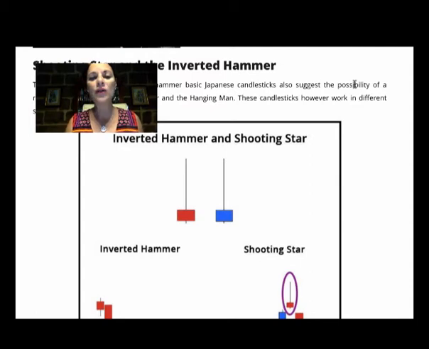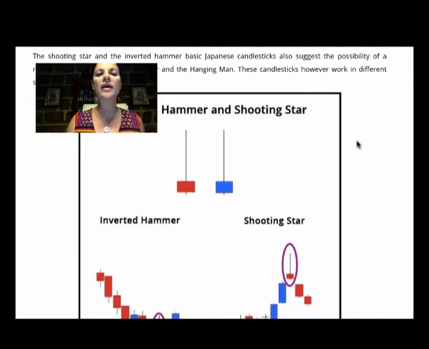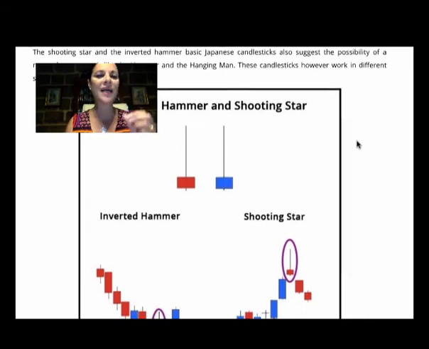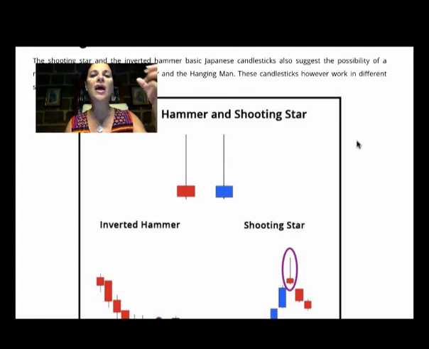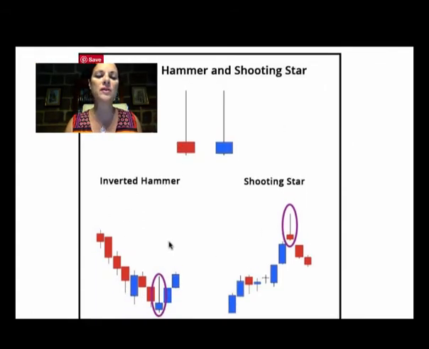Actually, these are looking like the same candlesticks but in the opposite directions. The shooting star and the inverted hammer are also suggesting a very, very strong possibility that we are going to have a reversal in trading, and this is where we want to kick in. This is where we are going to make money. As soon as we understand how and when the market is going to change, look at this possible situation.